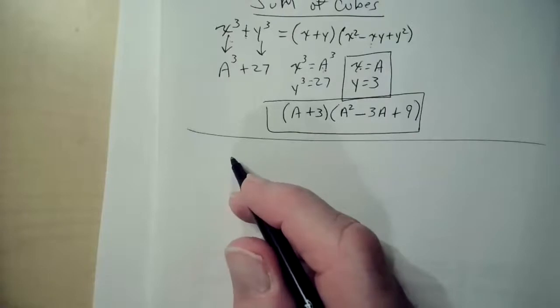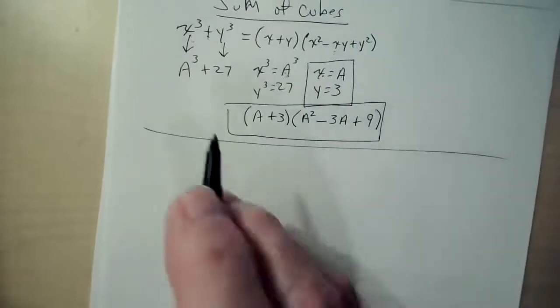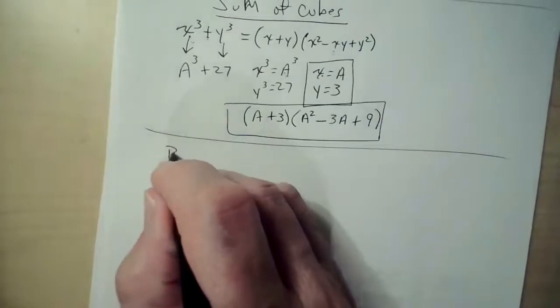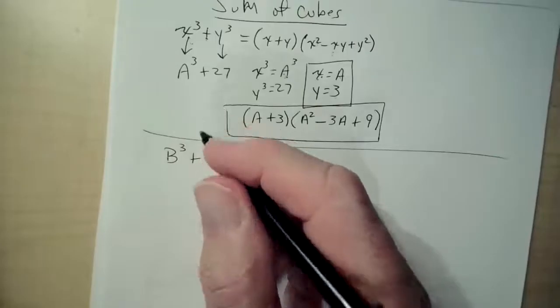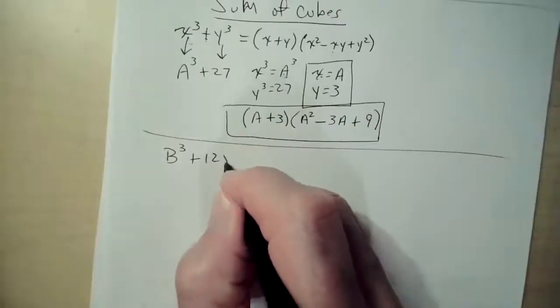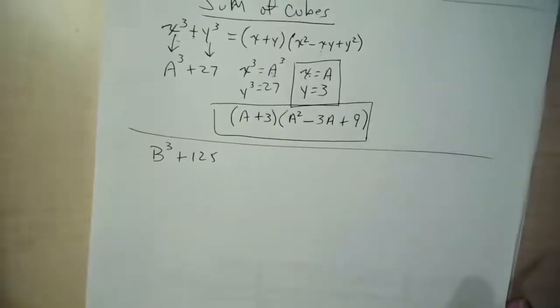Okay, let's do this one. b cubed plus 125.